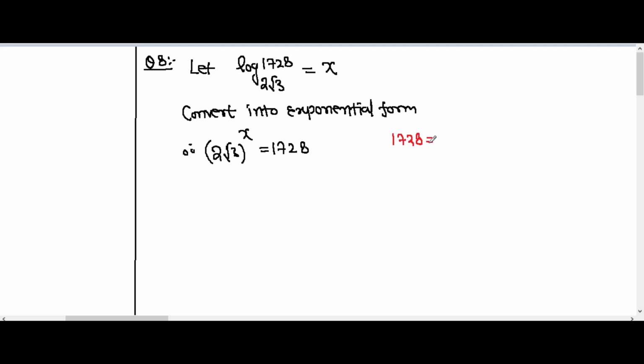Next question number 9. Ninth problem. We have to find log of 1 upon 81 at the base of 9. So as usual, let log of 1 upon 81 at the base of 9 is equal to x. Now again convert into exponential form.